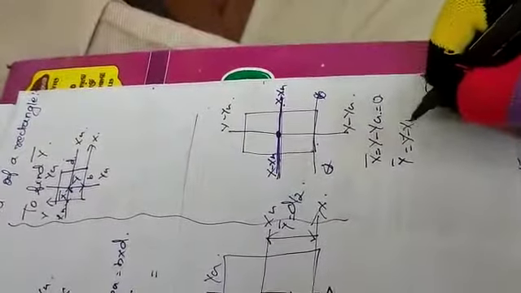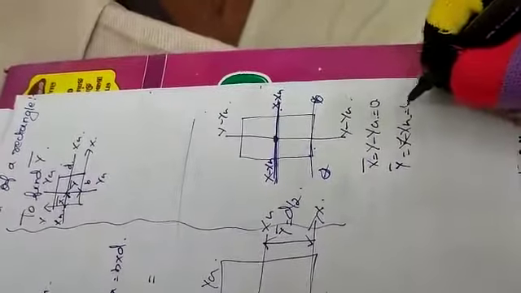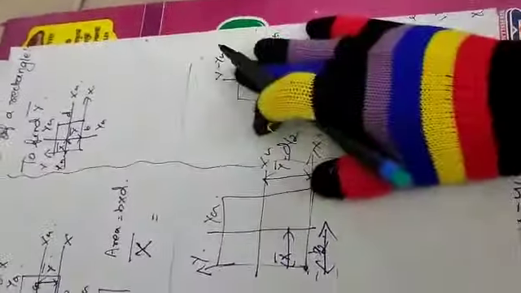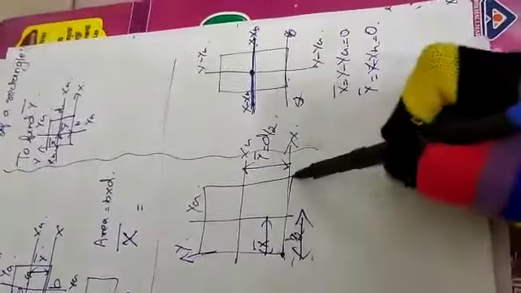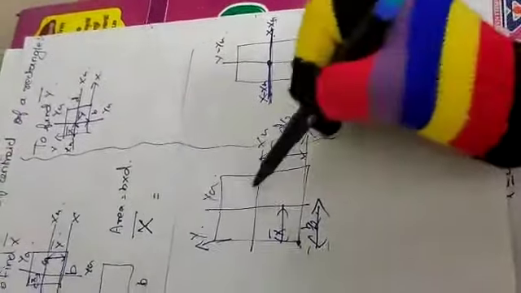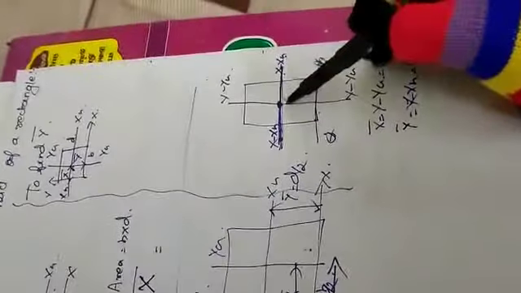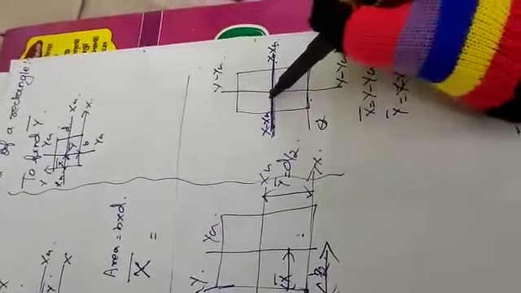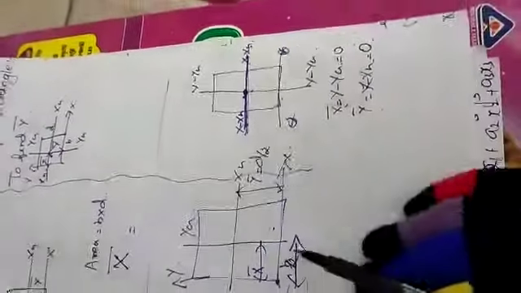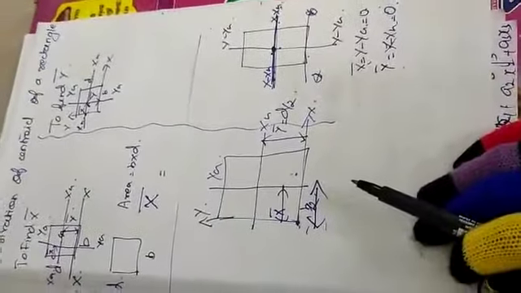X is at the center, so x to xg is 0. Always, the centroid is with respect to the reference axis. If my reference axis is at the bottom, it must be b by 2, d by 2. If my reference axes coincide with my centroidal axes, x bar is 0 and y bar is 0. This is a very important concept.